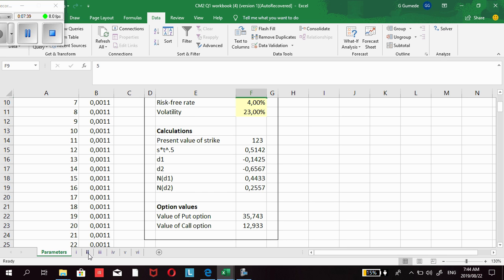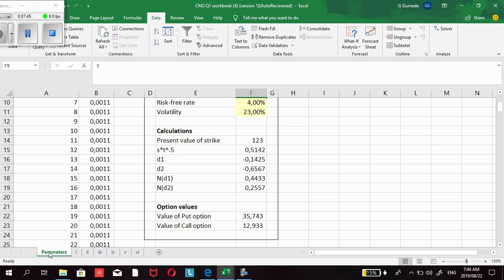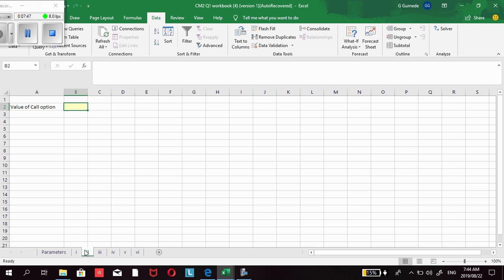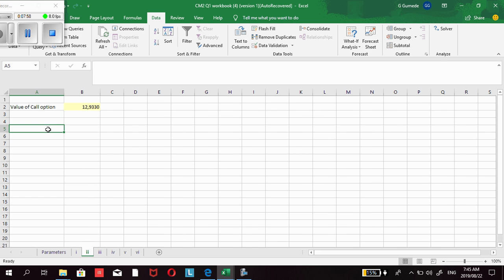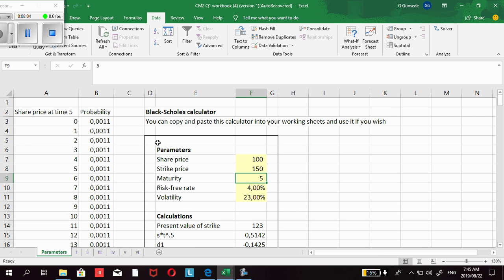So I'm going to go to tab 2 and substitute the value of the call option, which is 12.933. But I need to paste these parameters so that I can show the examiner my workings. So I'm going to come here, copy this calculation.